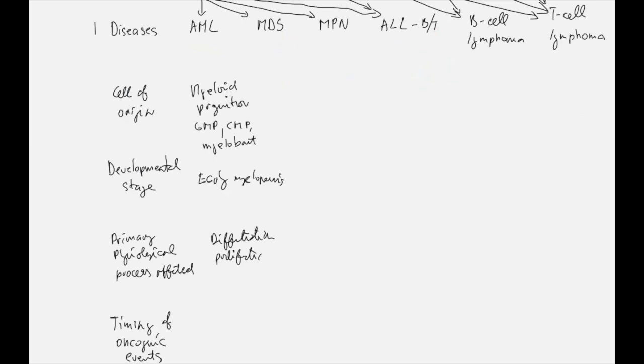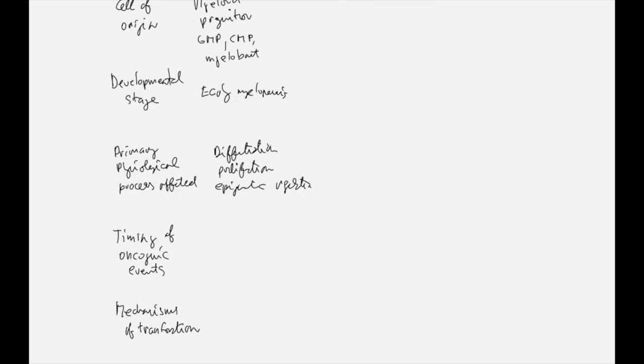Okay, that's AML. And still, what is the timing? So when the mutation happens, this is typically postnatal, within the hematopoietic progenitor. So it happens postnatally and in the hematopoietic progenitors.